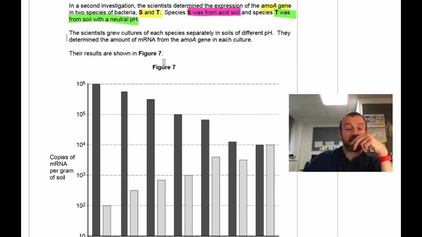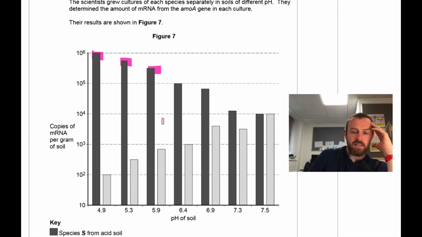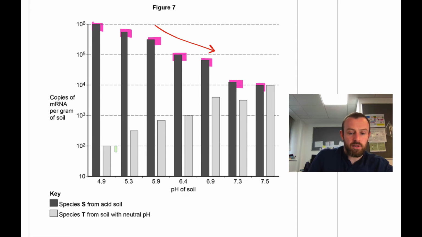Okay, species S from acid soil, as you would expect, produces lots of mRNA in acid soil, and it produces less and less mRNA as the soil pH increases. So that's going down. And then the other one, the species from the neutral-ish soil, is increasing as we're getting closer to neutral.